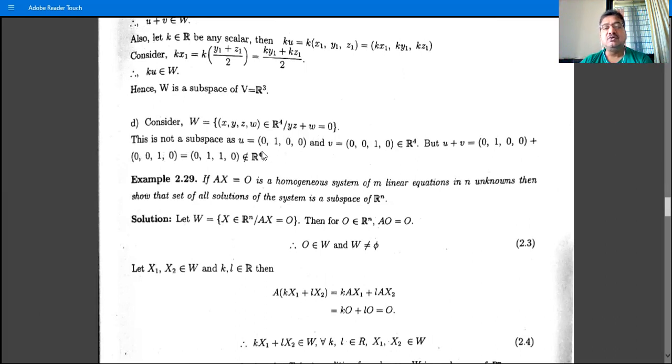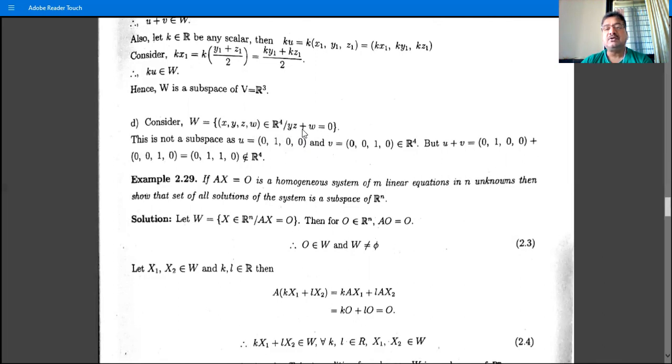So take u bar as (0, 1, 0, 0). This is an element of W. Why? Because this element satisfies the condition that y into z, 1 into 0, is 0, plus w, 0, is 0.